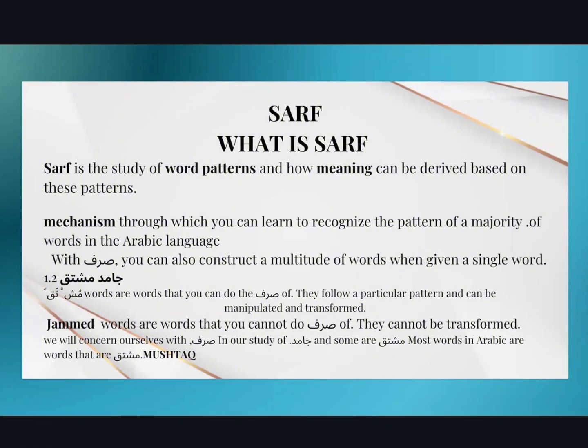Jammed words are words that are jammed. They cannot be done sarf of. And mushtaq is somebody who's eager, keen, welcoming. So remember it like that. The mushtaq words are the ones whose sarf can be done, and jammed words are the ones whose sarf cannot be done.